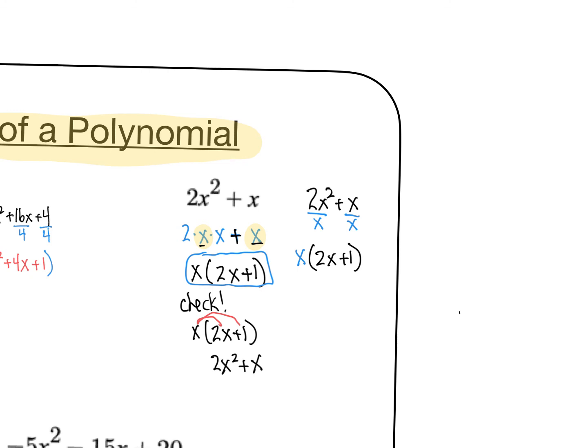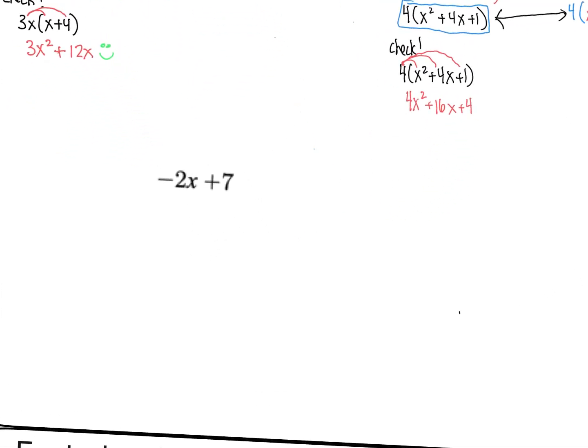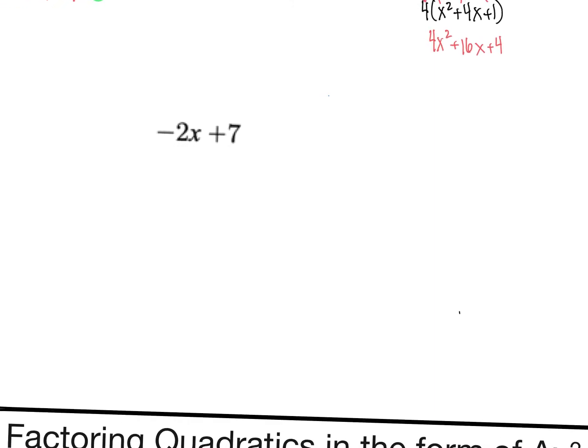Okay, so we're going to go ahead and go on over to some examples that require factoring out a negative in this case, and it is something that will come in handy a little bit later. So we're going to take a look at a general rule here: if your polynomial starts with a negative, we can leave it like this, and this would be fine.